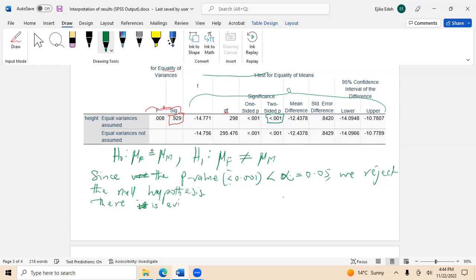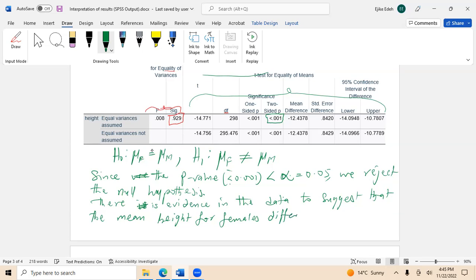There is evidence in the data to suggest that the average height, or you can say the mean height, for females differs from the average height for males, or the mean height for males.